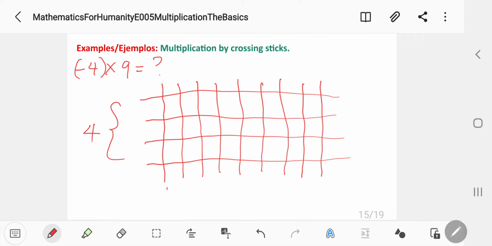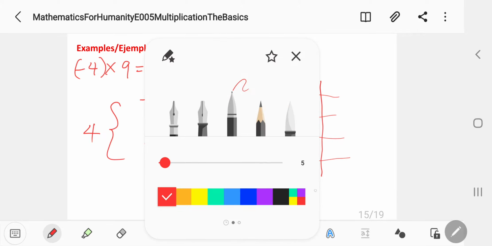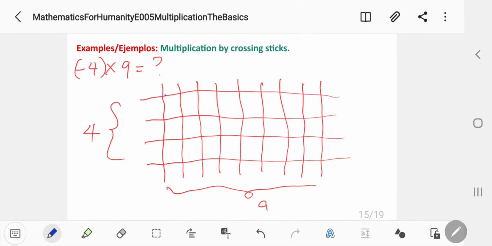And then you count all the intersections of these sticks. So you will have 1, 2, 3, 4, 5, 6, 7, 8, 9, 10, 11, 12, 13, 14, 15, 16, 17, 18, 19, 20, 21, 22, 23, 24, 25, 26, 27, 28, 29, 30, 31, 32, 33, 34, 35, and 36.